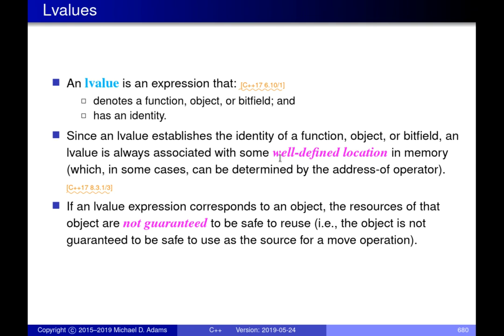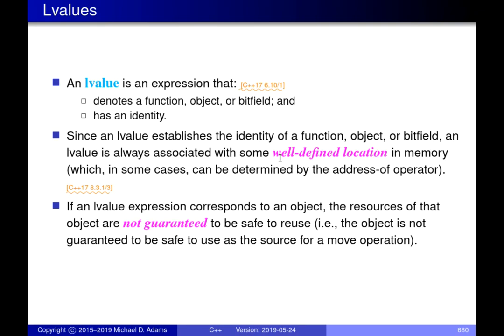So what you're looking for, in cases where it would be dangerous to replace a copy with a move, is whether someone else could observe this mutilated value and then use it in the wrong way, thinking it wasn't mutilated. What would be required for someone to use this mutilated value? They need some way to access it. If you have a variable that has a well-defined location in memory, anyone that knows that address can look at that variable anytime they want.